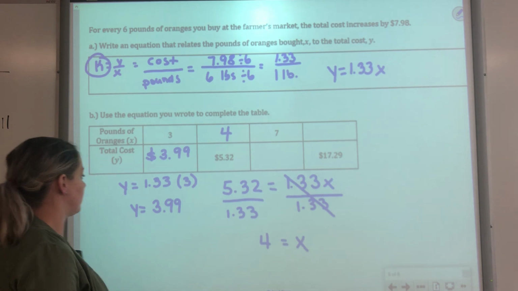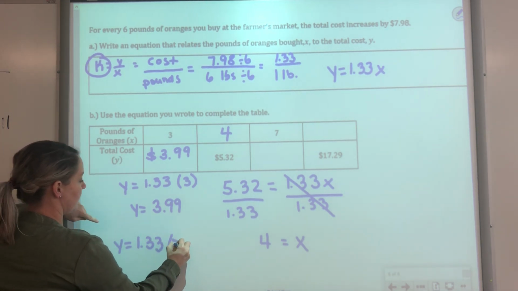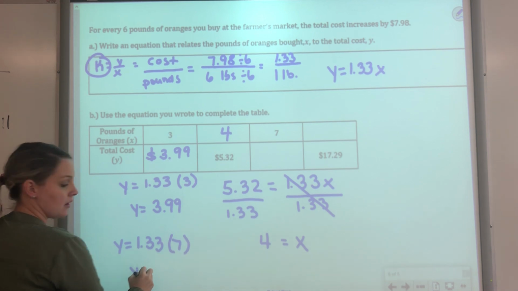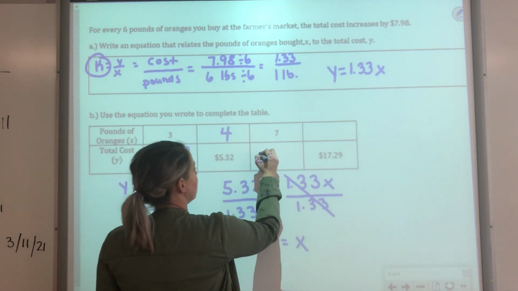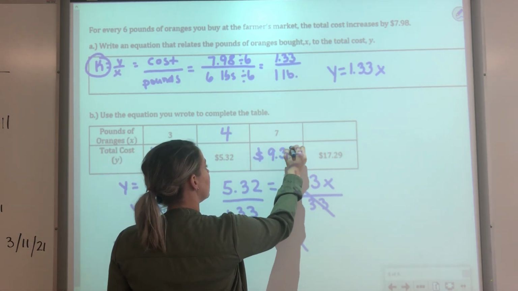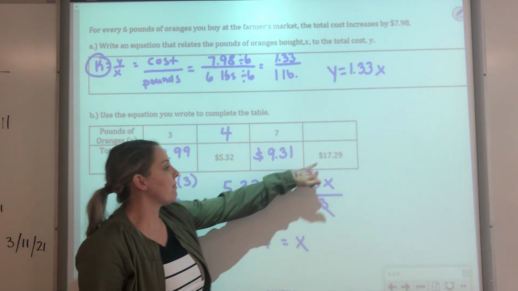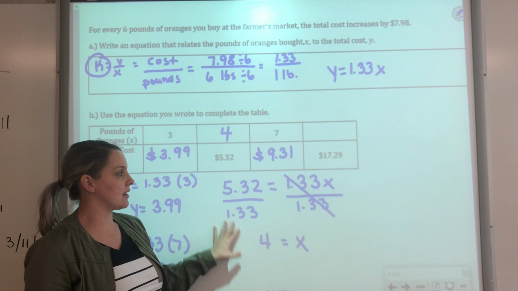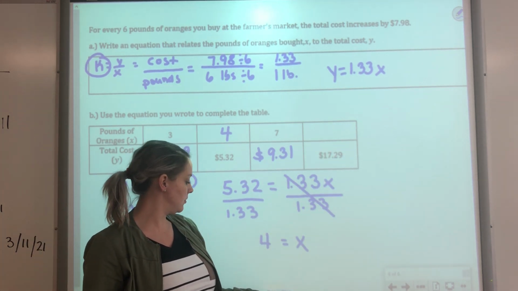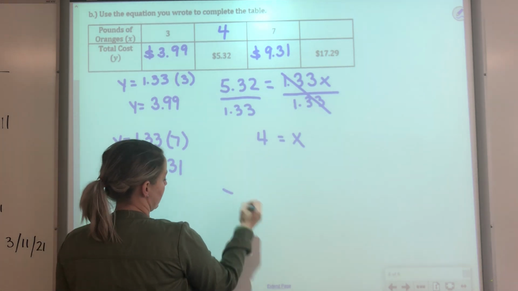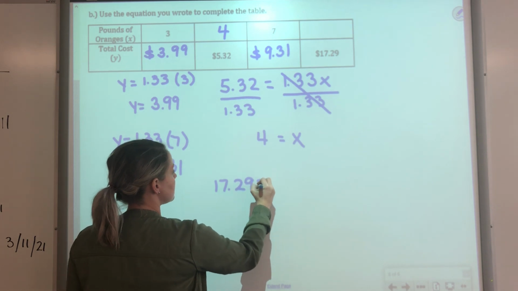7 pounds of oranges, I'm going to do the same process over here. $1.33 times 7. And that gives us $9.31. And then this one here, we model it exactly over this one. They gave us our y value, we have to find our x value. So they gave us that the y value is $17.29.